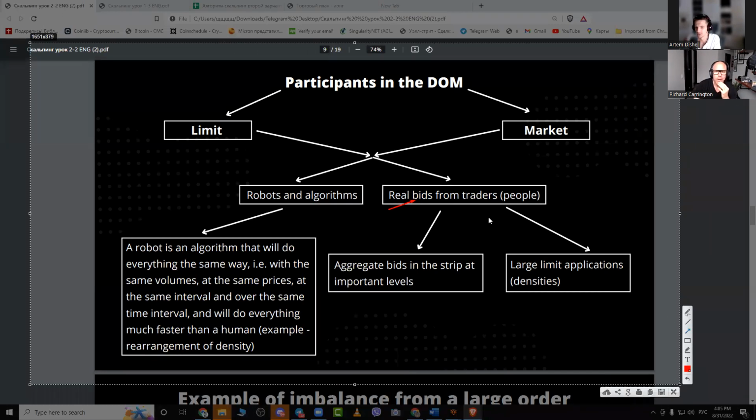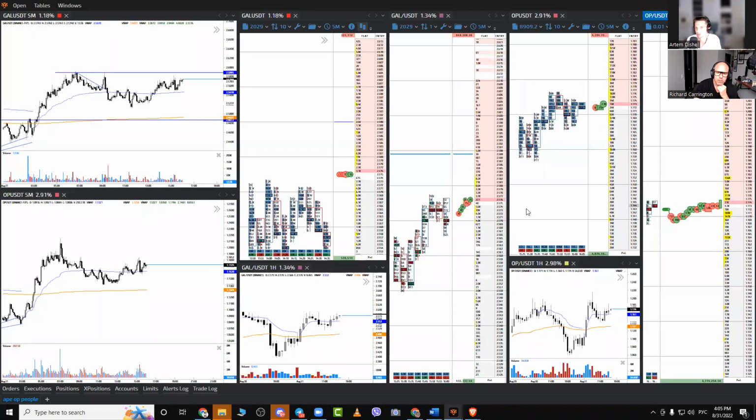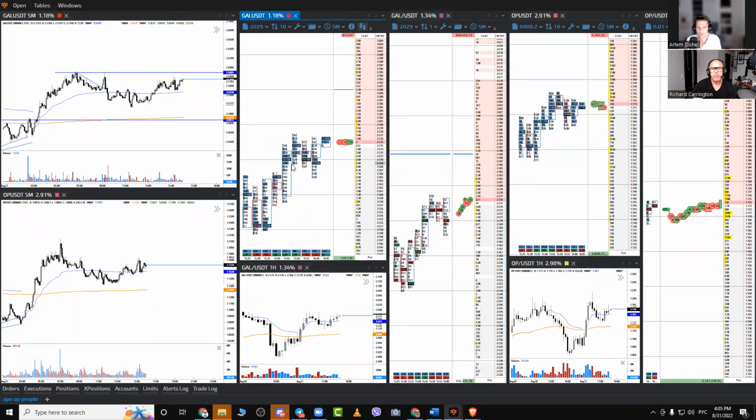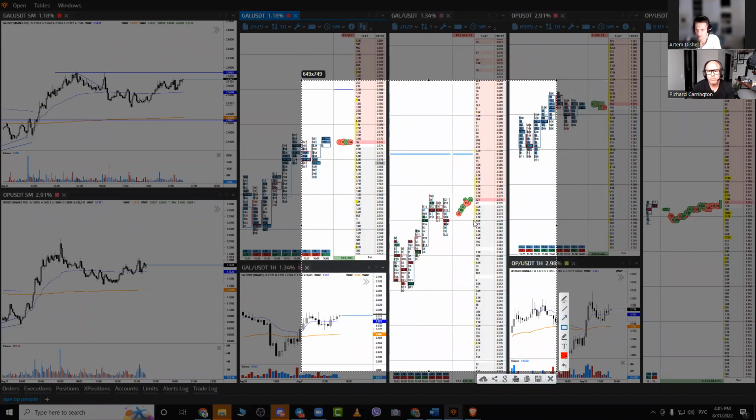Real bids from traders, people aggregate bids, the strip at an important level or large limit applications and densities. Now we see small orders, very small orders below the price, near the price, and some order of $5,000 at price $2.50.